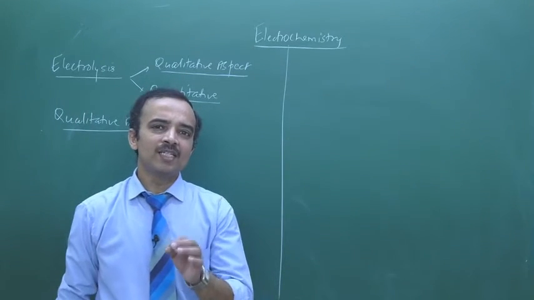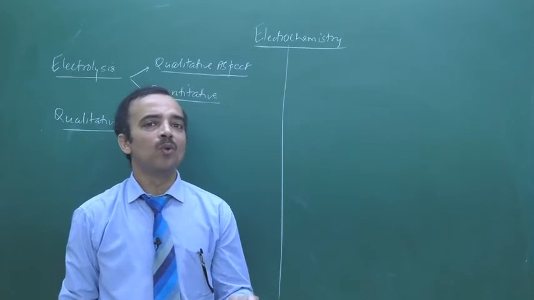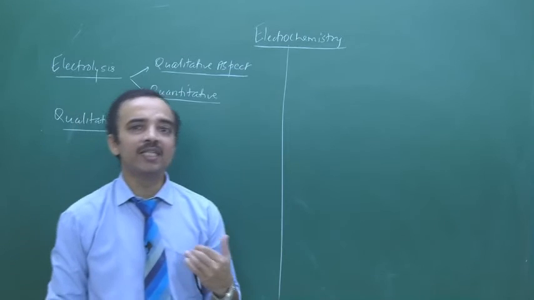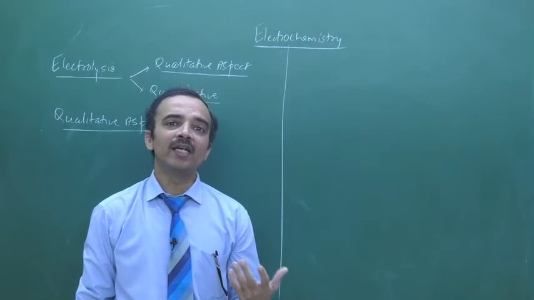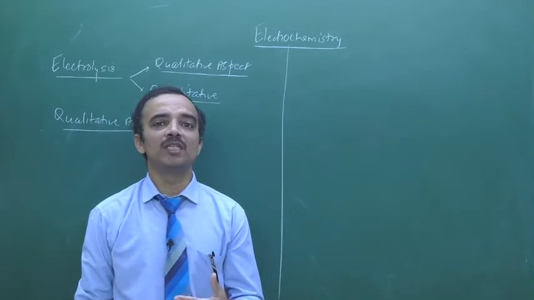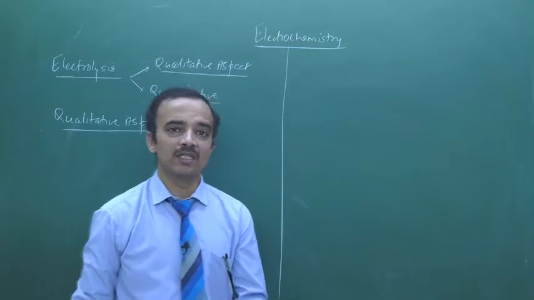Beta, whenever there is competition between two or more ions to get discharged at an electrode, then the ion having lesser discharge potential will be discharged first.